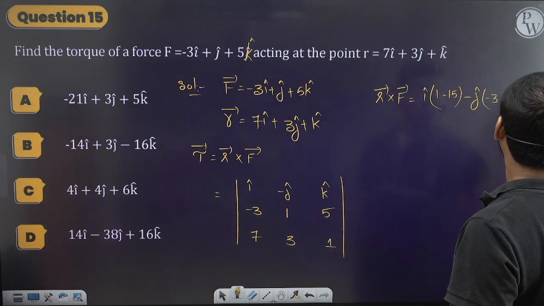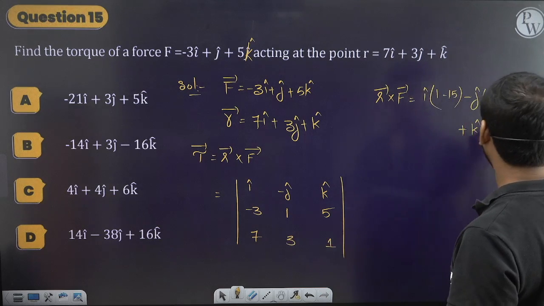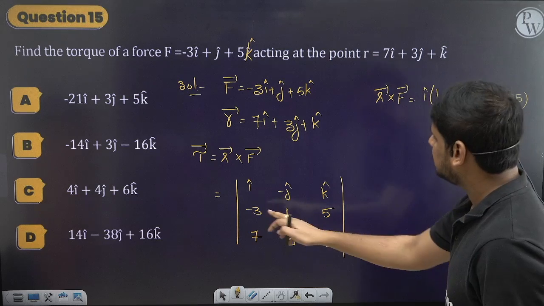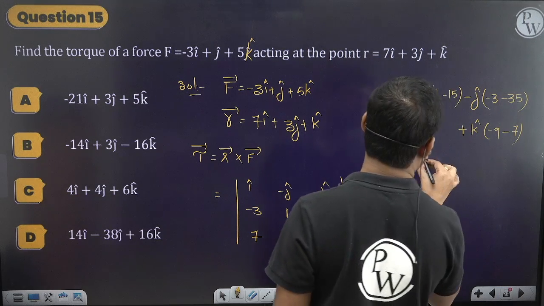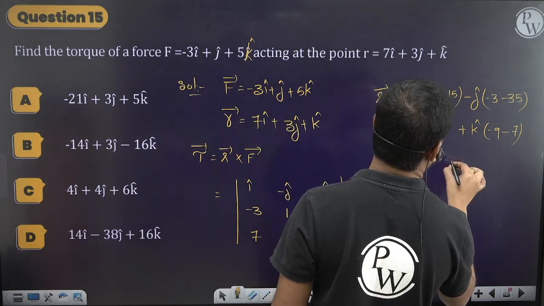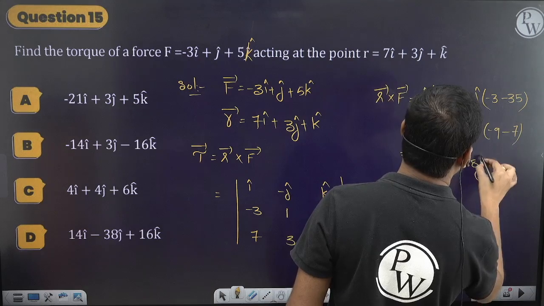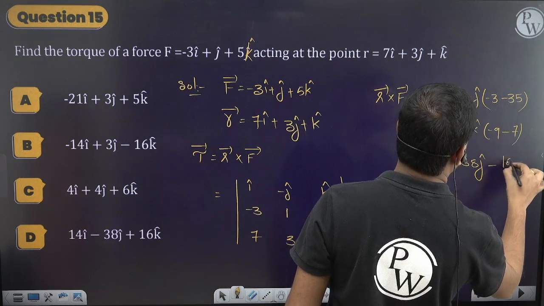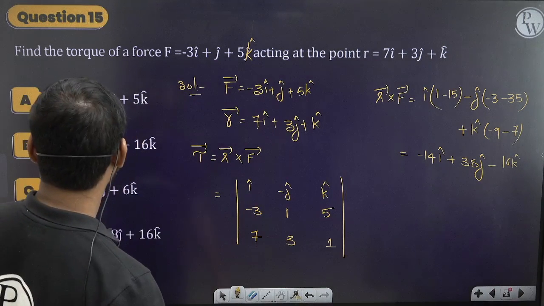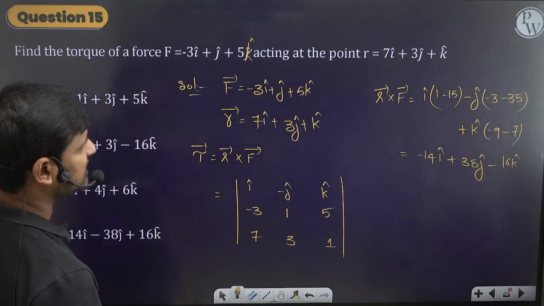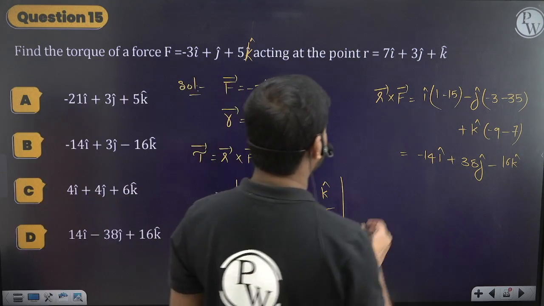Then plus k cap into AD minus BC: minus 9 minus 7, which is minus 16. So R cross F will be equal to minus 14 i cap plus 38 j cap minus 16 k cap. So this is R cross F.